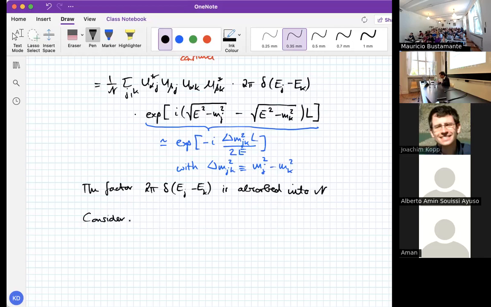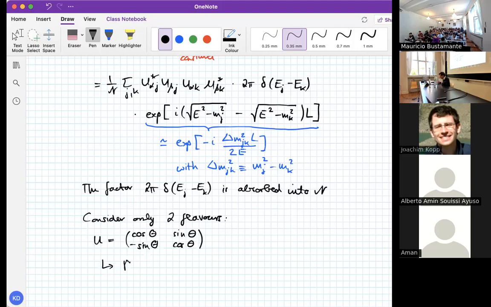If we consider only 2 neutrino flavors, then the mixing matrix is just a 2 by 2 matrix, and a 2 by 2 unitary matrix is just a rotation matrix. It's parameterized by a single parameter, a mixing angle, which we call theta, and it has this form: cos theta, sine theta, minus sine theta, cos theta.